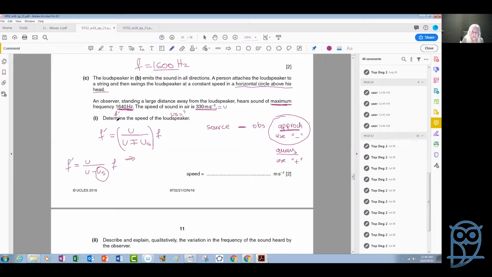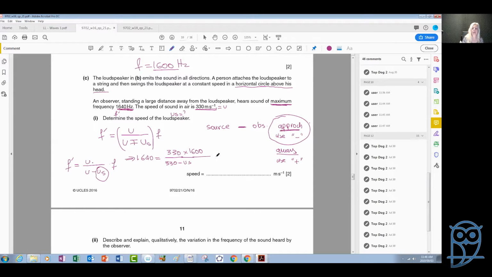The frequency that the observer listens to is 1,640 hertz. I'm not going to write units now. And this is equal to the speed of sound, which is 330 meters per second, divided by the speed of sound 330 minus the unknown speed of the source, times the actual frequency, which is 1,600 hertz.